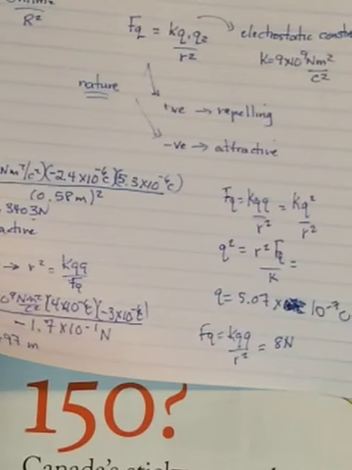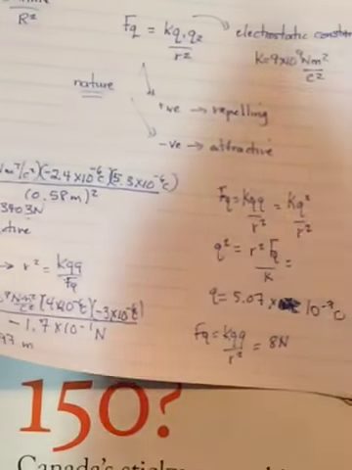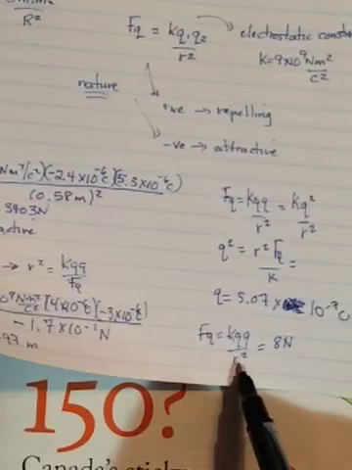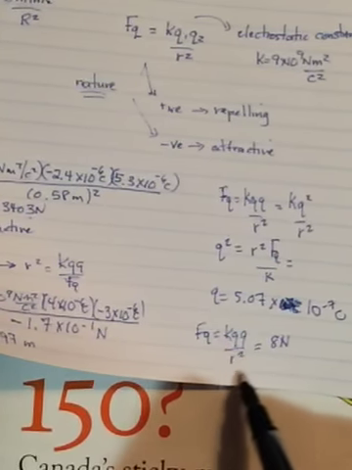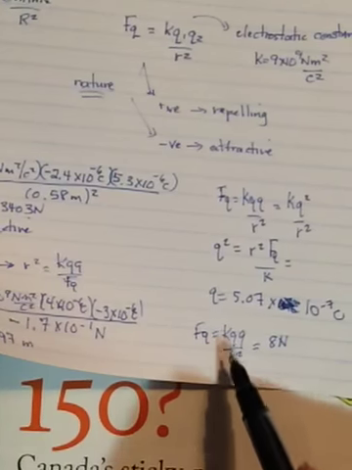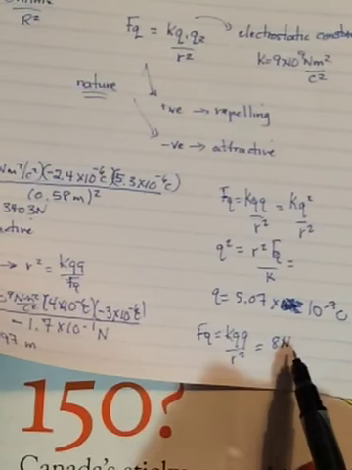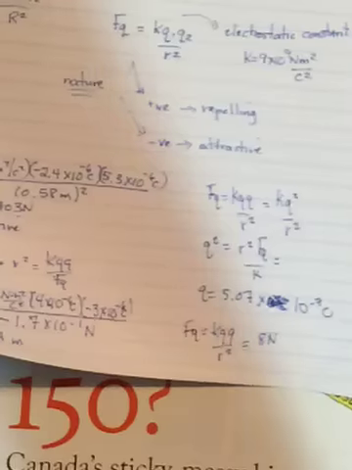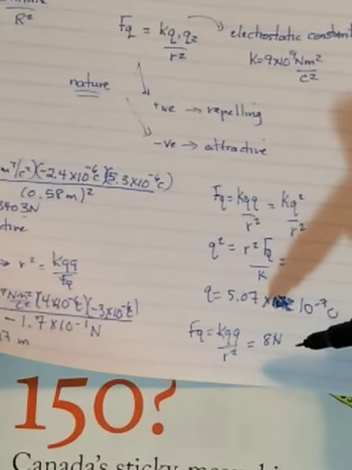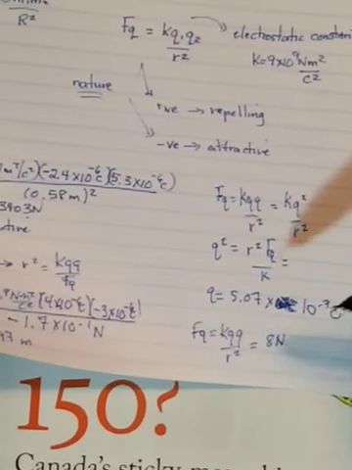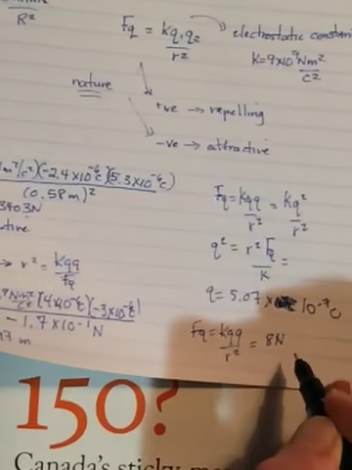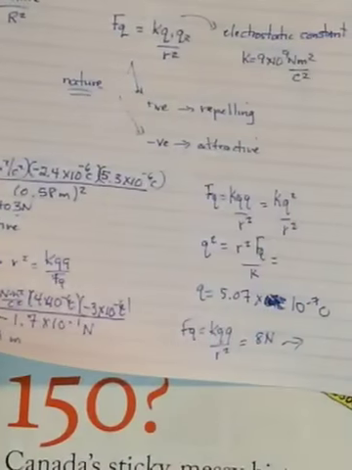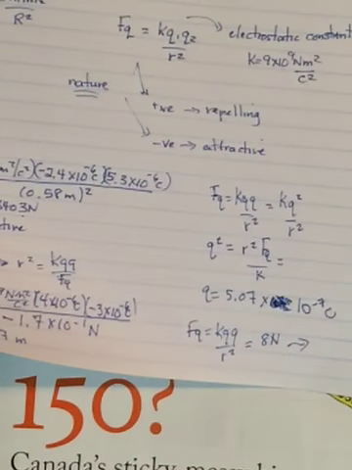Now it says we're going to move them a distance 4 times bigger. If R gets 4 times bigger, and R gets squared, that means the bottom is going to be 16 times bigger than it was, which means that the force should be 16 times smaller than it was. So 1/16 of 8, what is 1/16 of 8?